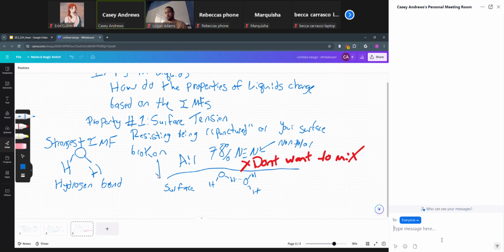If I puncture the surface of water, basically what I'm doing is making a little divot in the water and air goes in there. And at that point, more water has to interact with N2.